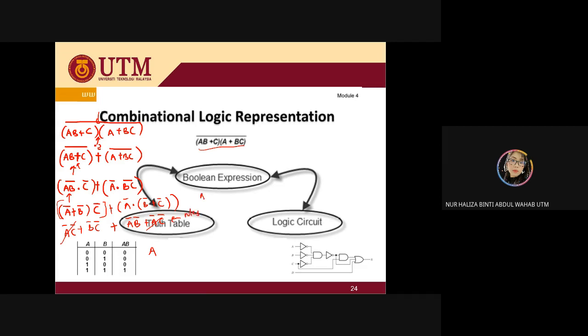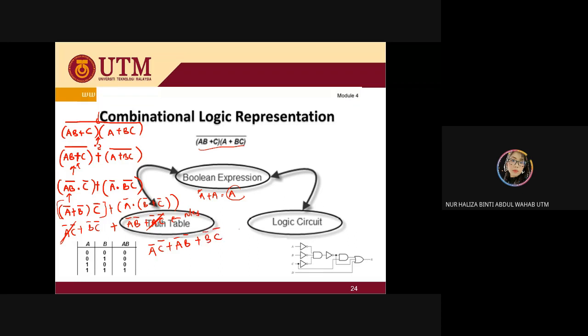We have A plus A equal to A. So that's why we have A bar C bar plus A bar C bar equal to A bar C bar. So we simplify. After that we have A bar B bar plus B bar C bar.